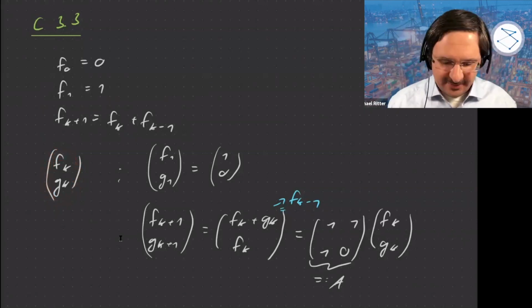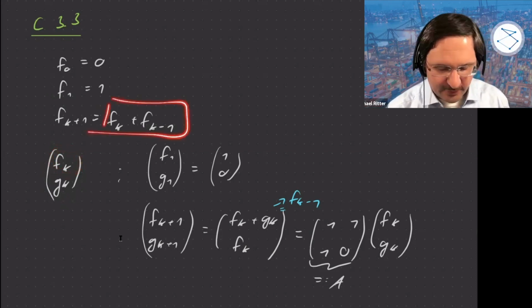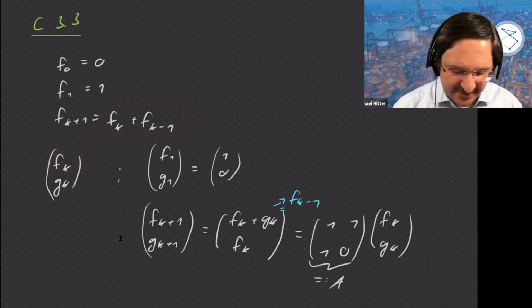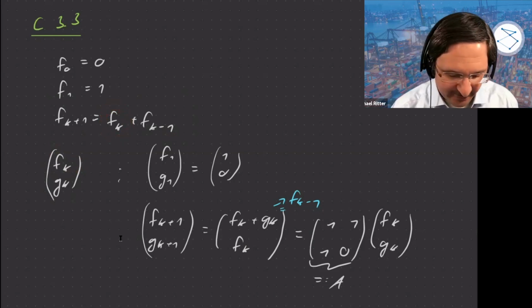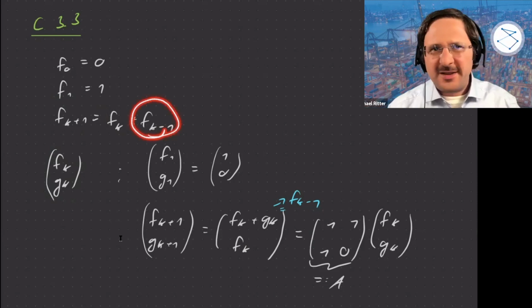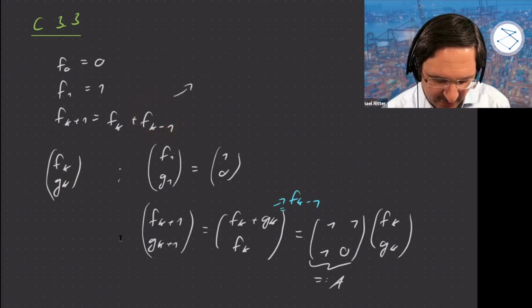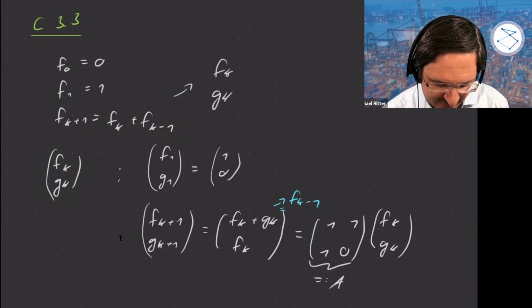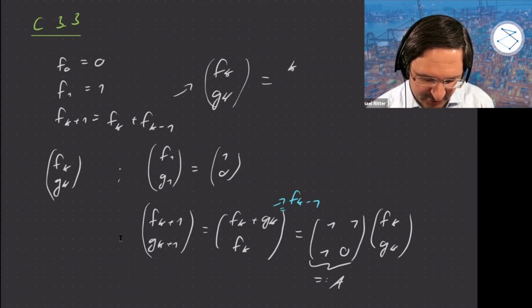And what I'd like is in the first row, I'd like to model this equation. So in the first row, I need access to FK, the current value of the first coordinate and the previous value of the first coordinate. So I want to set up this thing such that this first coordinate is the kth Fibonacci number.